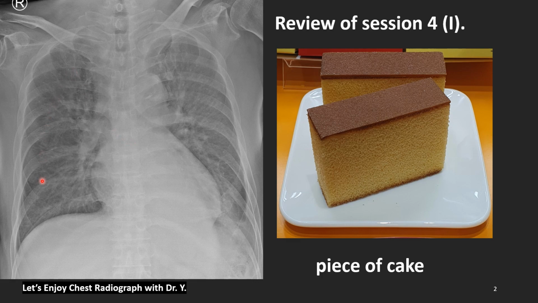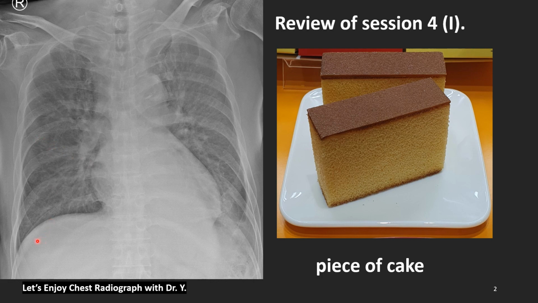Bilateral diffuse haziness without air bronchogram and pleural line of pleural effusion, obscuration of left diaphragm line and CP angle blunting, hazy retrocardiac area, obscuration of aorta line and paraspinal line, and accentuation of right minor fissure.